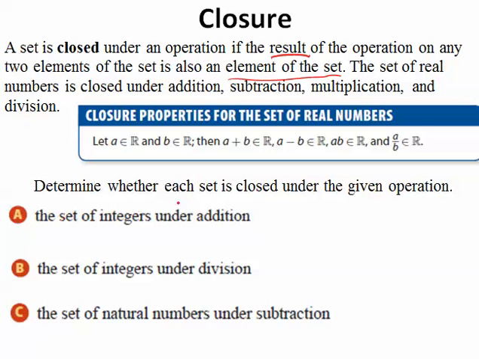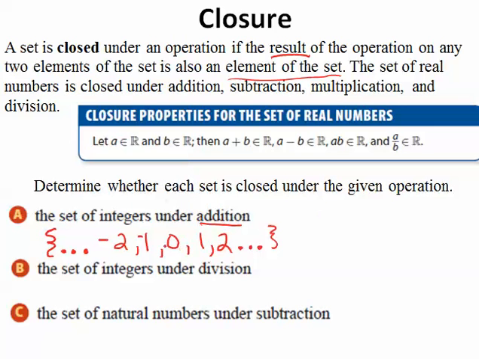Okay, so determine whether each set is closed under the given condition. The set of integers under addition. Remember, I'm going to have the little squiggly brackets because that indicates a set. And we'll have dot, dot, dot because we know that it starts somewhere. So -2, -1, 0, 1, 2, dot, dot, dot. Now, those dots mean that it'll go on forever in each direction.